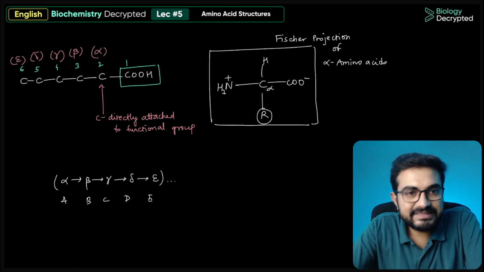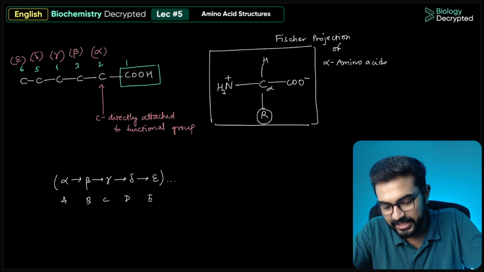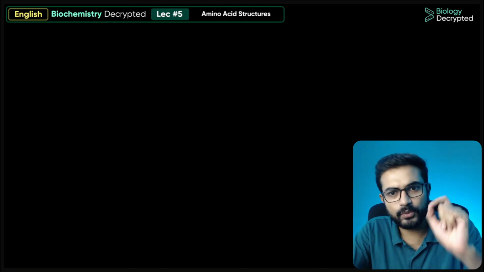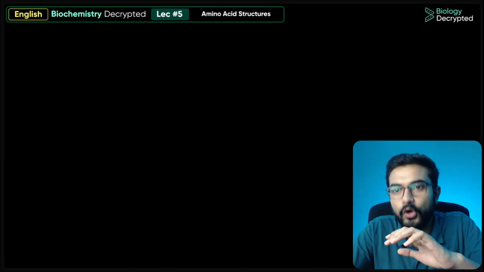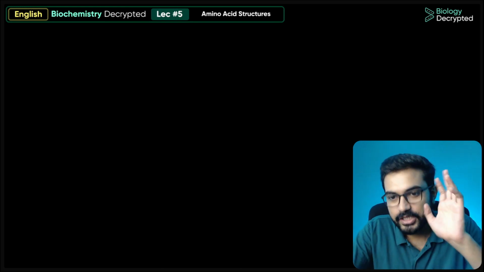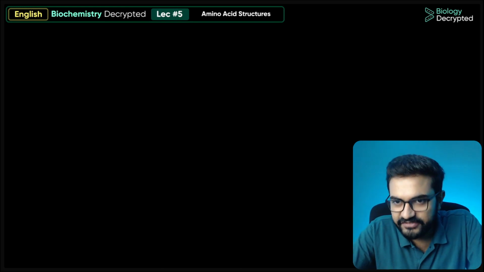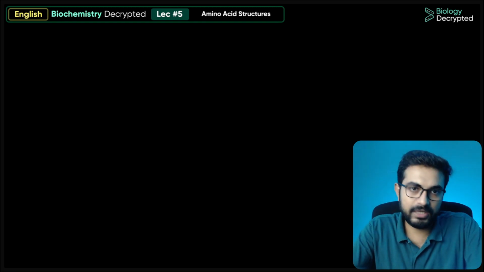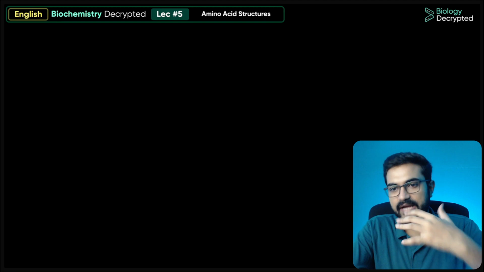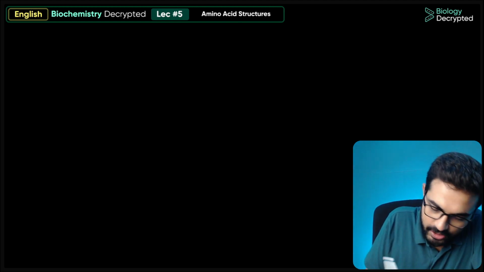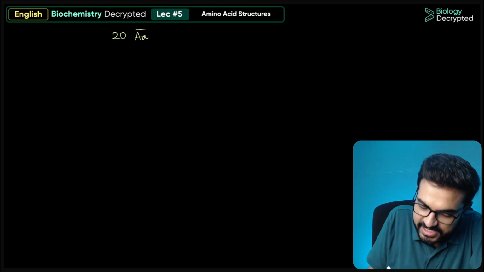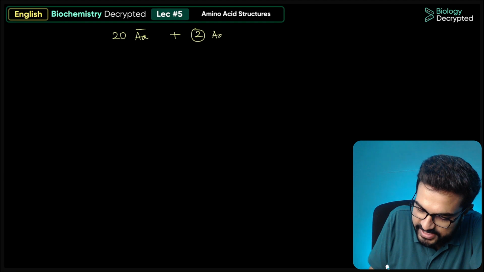Now let's start talking directly about the structures of all the 20 amino acids. And not only the 20 amino acids, we'll be talking about all the 22 amino acids. If we want to classify all the 20 amino acids, these will be classified based on their R groups, obviously. So there are 20 amino acids, the standard ones. Apart from this, there are two more amino acids.